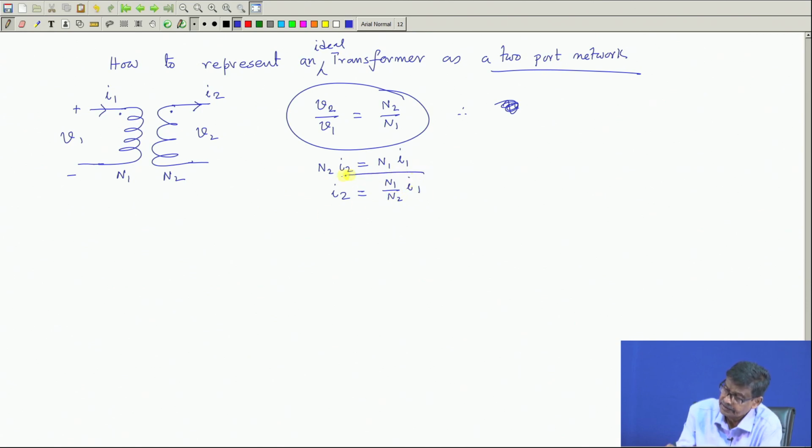This way I can write. Similarly, I can write V2 is equal to N2 by N1 into V1.